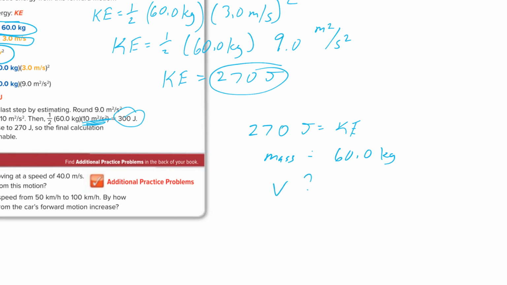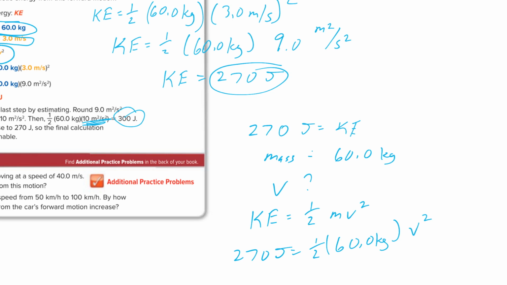So you could plug that into your equation. KE equals 1/2 mv squared. So you'd plug in your 270 here, you'd still have 60.0 kilograms here, but now you have v squared that you don't know.